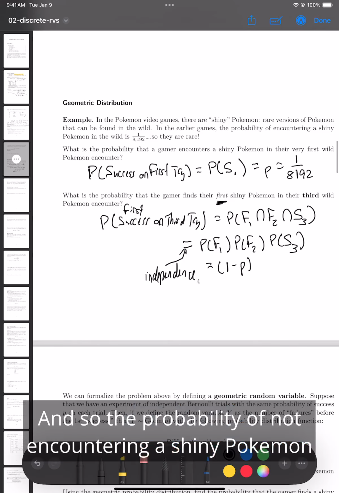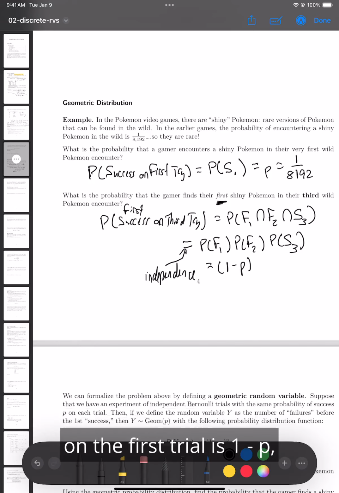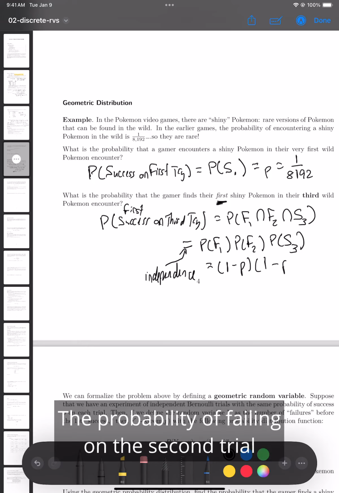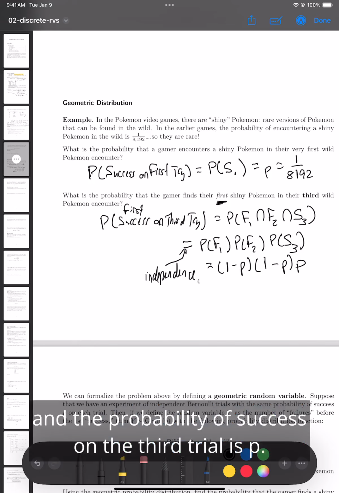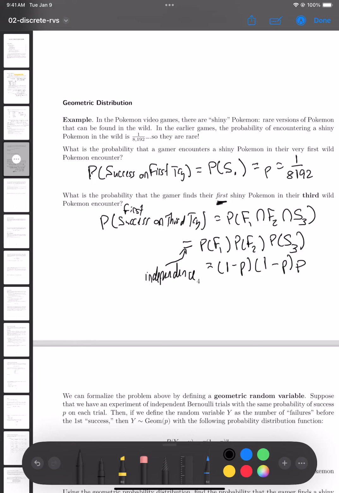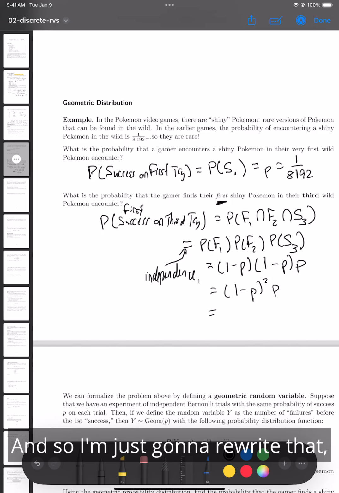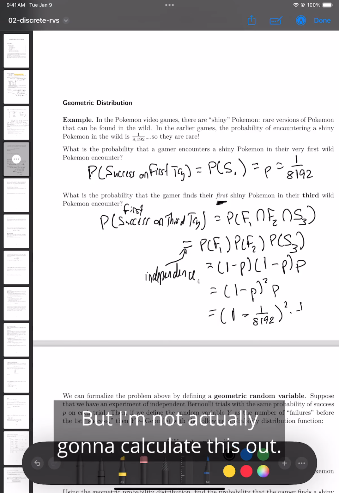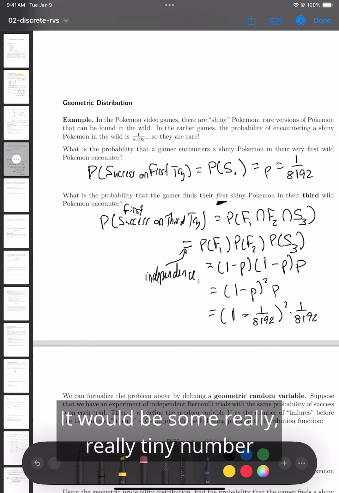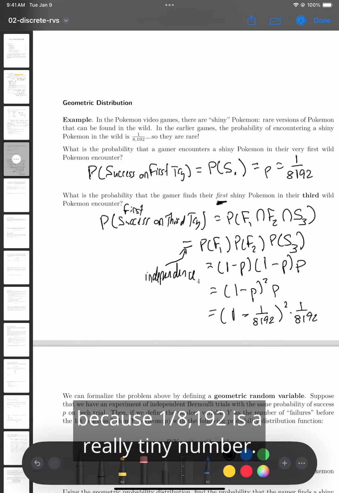The probability of not encountering a shiny Pokemon on the first trial is 1 minus P, where P is 1 over 8,192. The probability of failing on the second trial is also 1 minus P. And the probability of success on the third trial is P. And so I'm just going to rewrite that and then plug in my value for P, but I'm not actually going to calculate this out. It would be some really, really tiny number because 1 over 8,192 is a really tiny number.